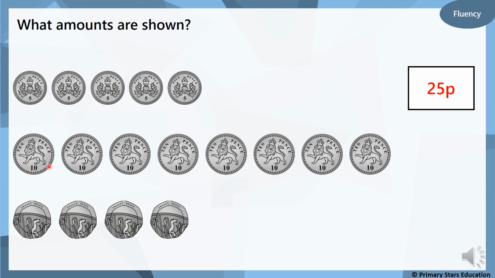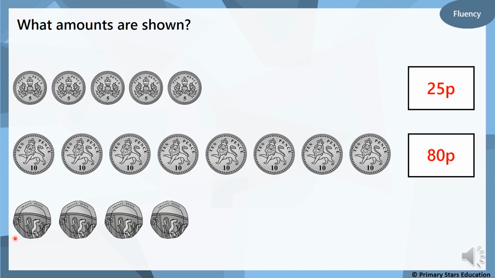And if we look at the next row of coins, you can see each coin has a 10p on it. So if we count in jumps of 10, let's do that together. 10, 20, 30, 40, 50, 60, 70, 80. So we have got 80p.